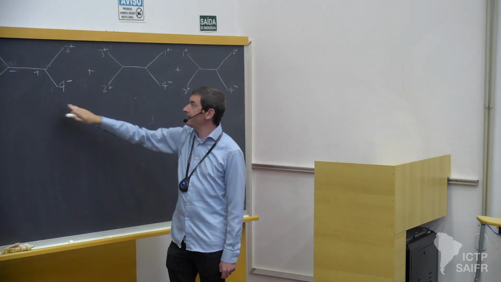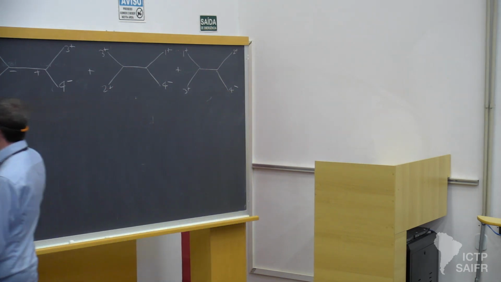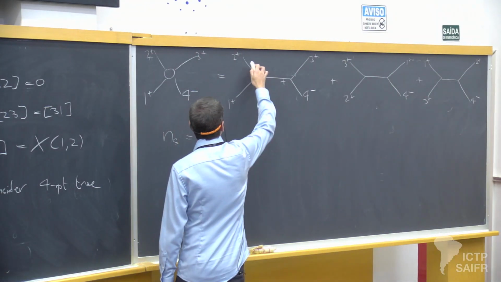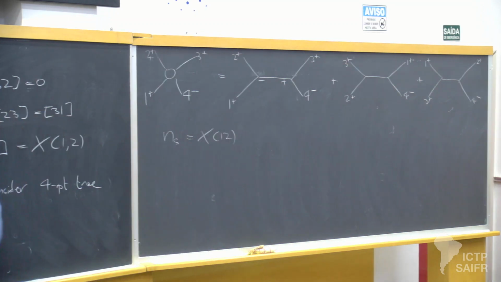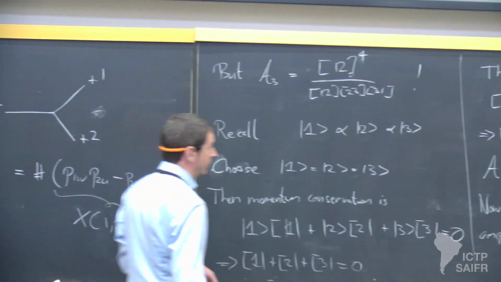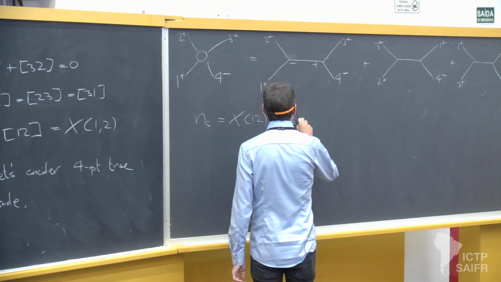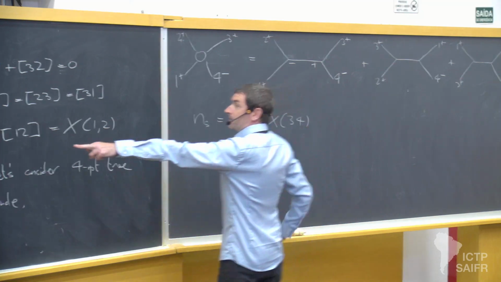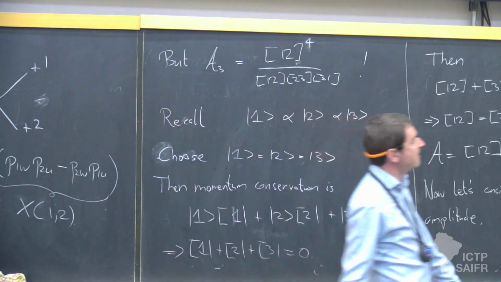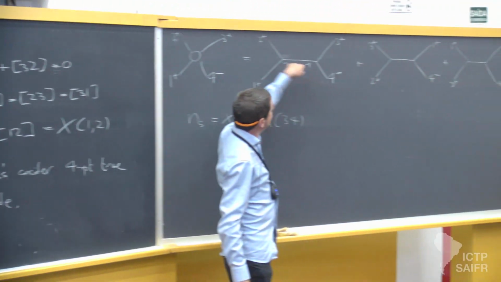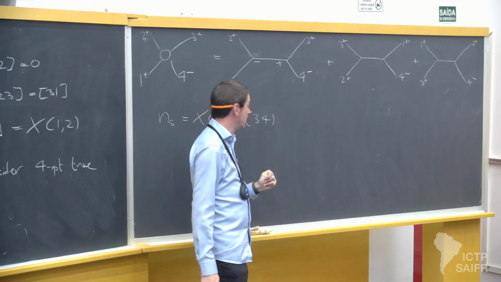Okay, so this is the S, T, and U channel diagram. The numerator in the S channel is going to involve an x for particles 1 and 2. This is just this thing here, this x for 1 and 2. And then it's easy to see that it involves x 3, 4. From here, this x thing was between the 2 plus helicity particles. There's a plus here, bringing in momentum 1 plus 2, which is minus 3 plus 4.